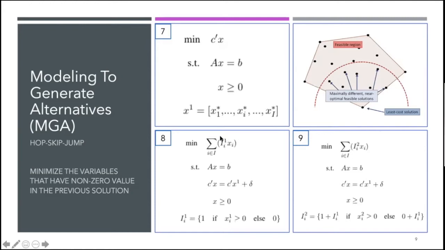So I1 is a coefficient that we set to 1 if xi1 is positive, right? So if in the solution of this problem, x1 at the optimal value takes the value 1 or some positive value.